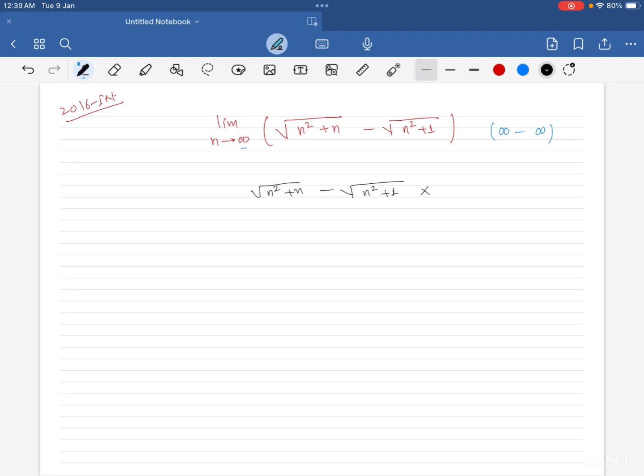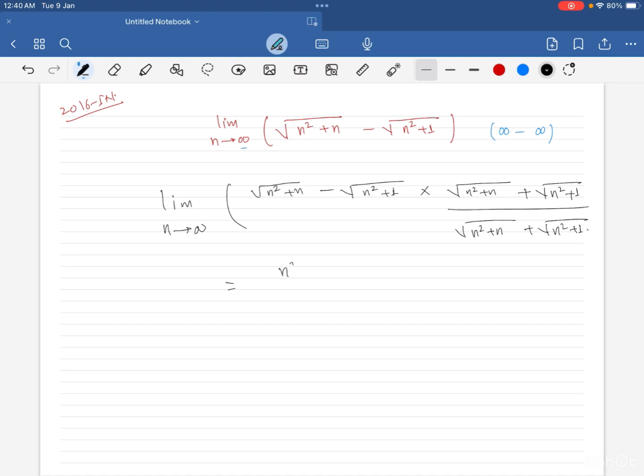Now you will multiply and divide by root over of n square plus n plus root over of n square plus 1, so divided by root over of n square plus n plus root over of n square plus 1, right, the limit n tends to infinity.